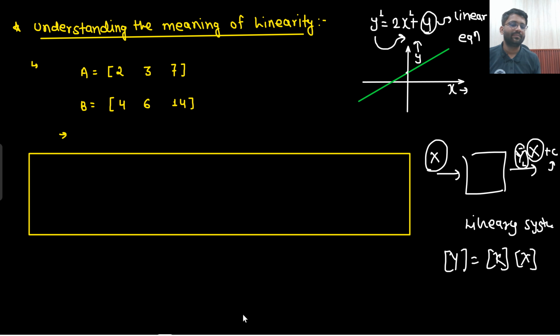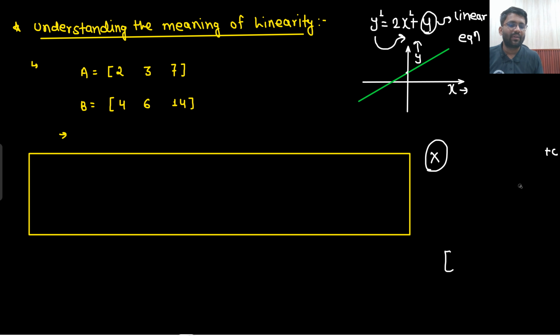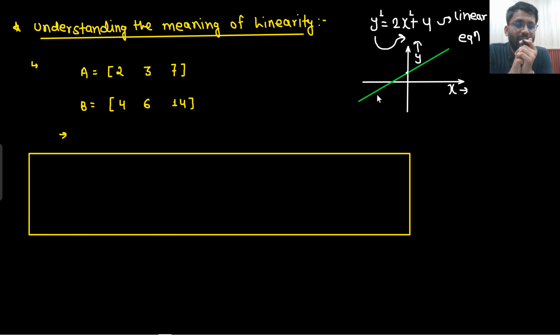Any constant factor can come. Although this is not a matter of concern, I just wanted to tell you the meaning of linearity: the maximum power of your variable should be 1. Y to the power 1, x to the power 1. Understandable?